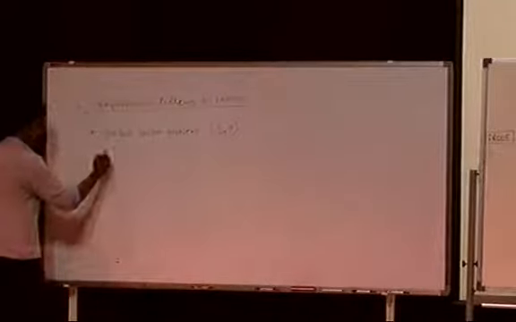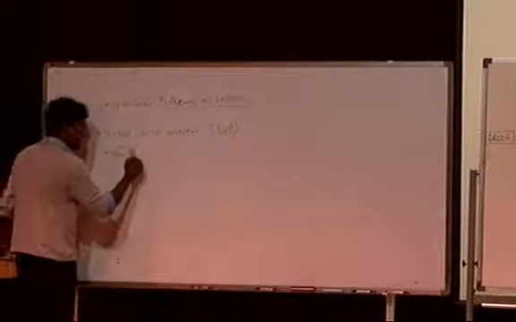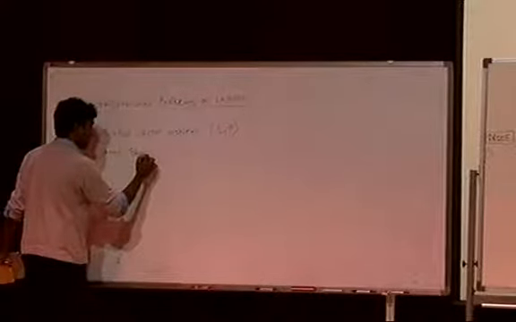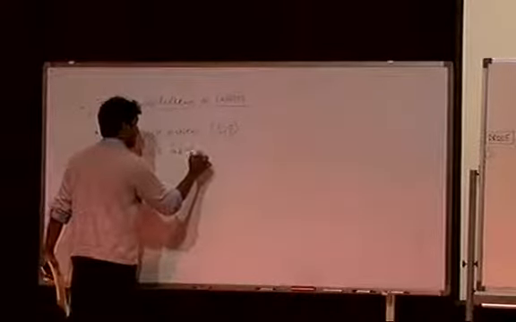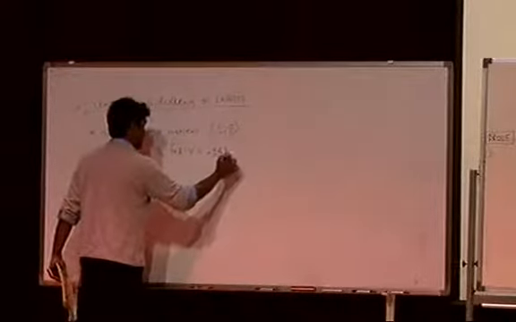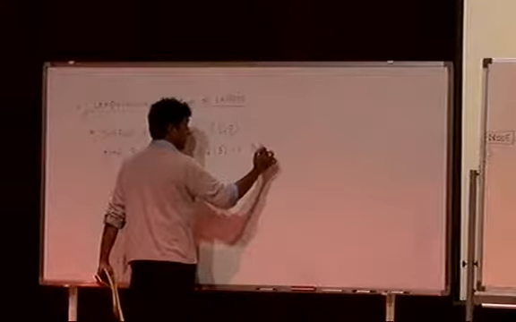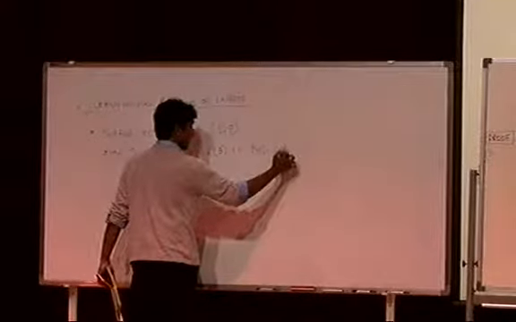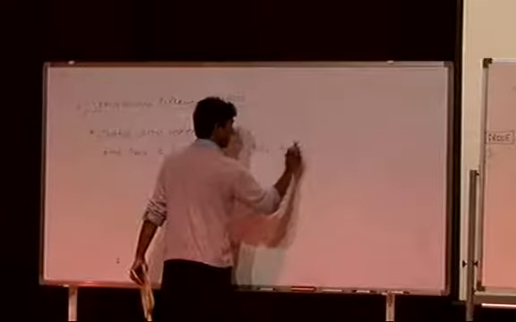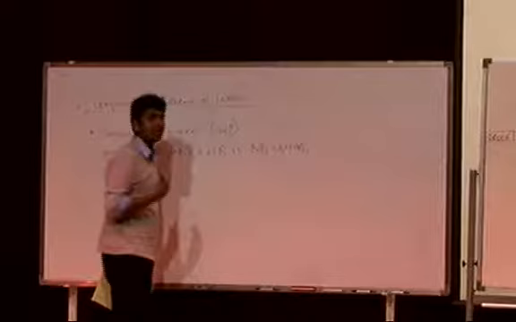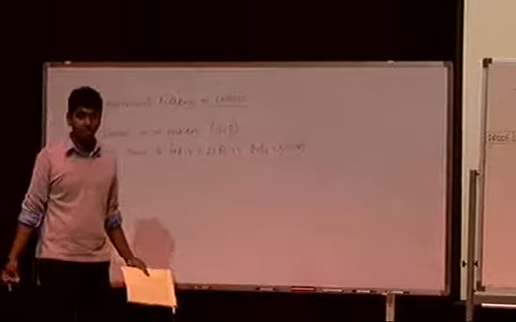Okay? So the shortest vector problem asks for the following: given a basis B, find the shortest vector in the lattice generated by B. That's it. That's the shortest vector problem.